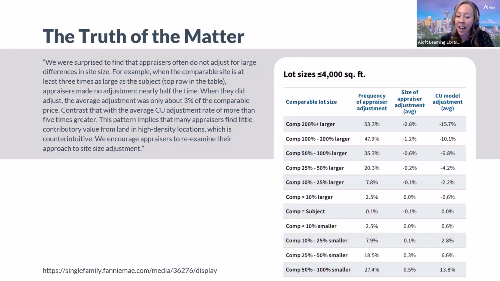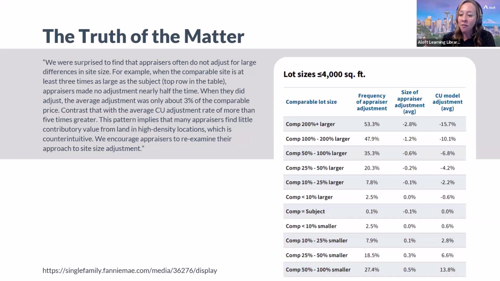Mind you, these are sites of 4,000 square feet or smaller. So you have a site that's 3 times as large. You're probably talking about the actual site being about 1,500 or maybe 2,000 square feet, and now you're comparing it to something with 4,000 square feet, which likely gives it a little bit more room for a garage or some outdoor living space, or just maybe not touching your neighbors.